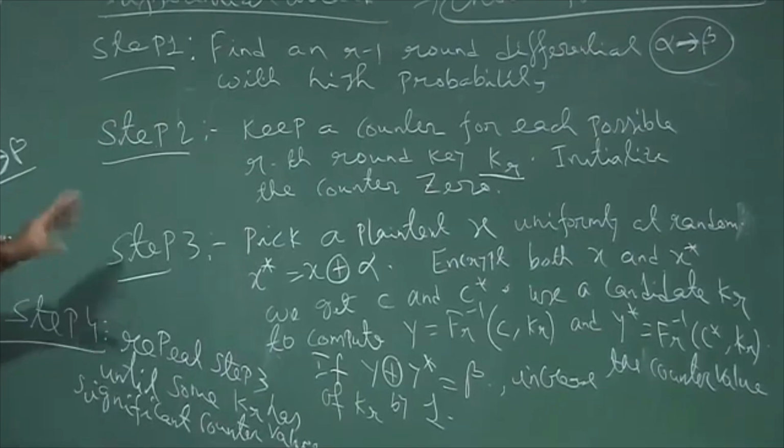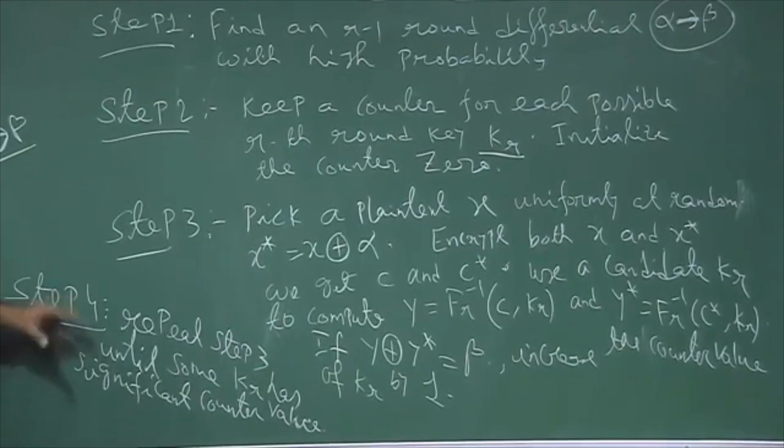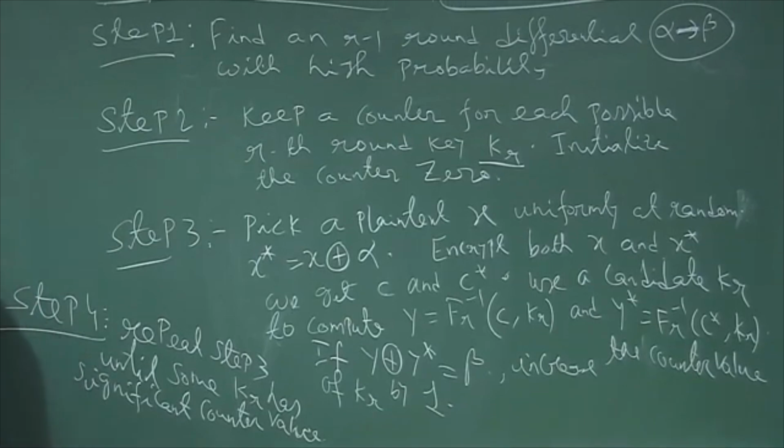Suppose almost all counter values are around 10 or 12, and suddenly one counter is much higher.